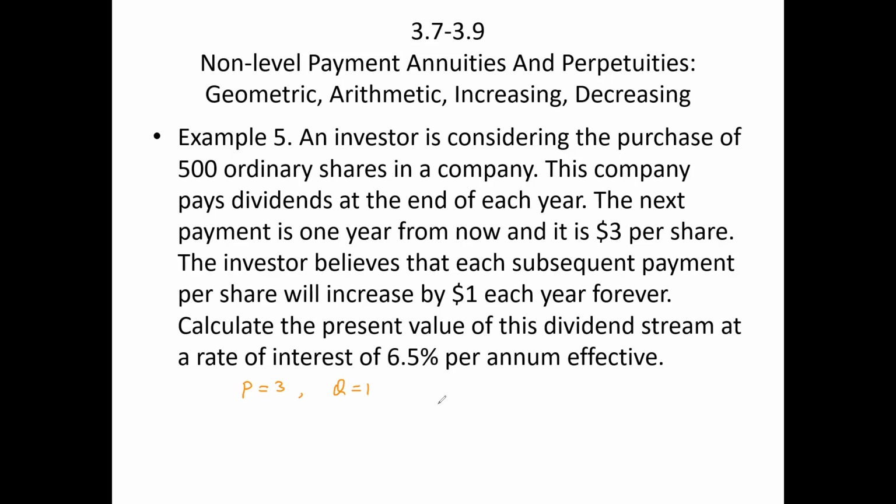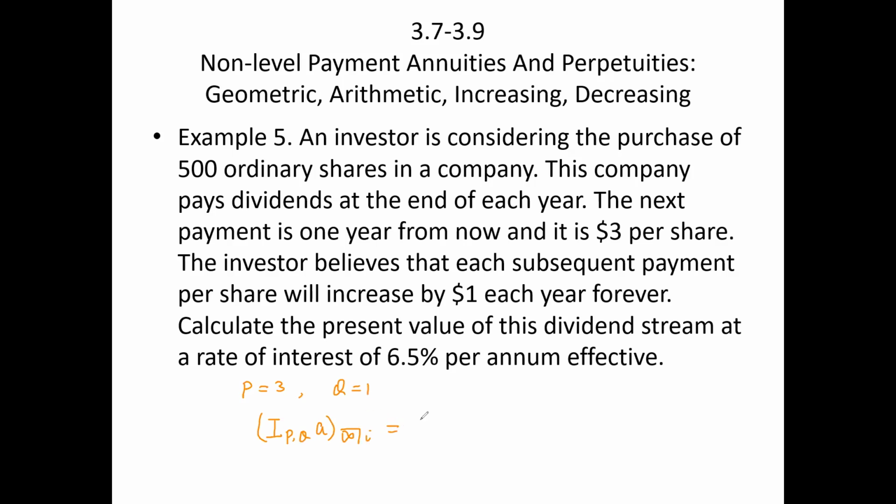So for each one, it's a perpetuity, so it's just I, and we're looking for the present value. So P, Q, A, we'll have infinity, I, 0.0. Let's put I for the moment.